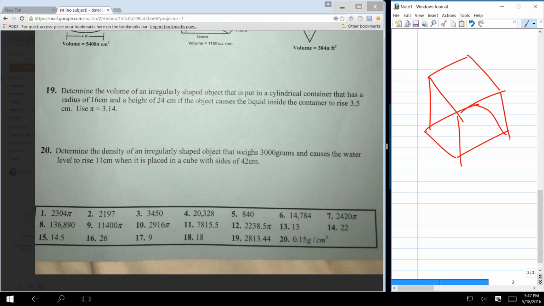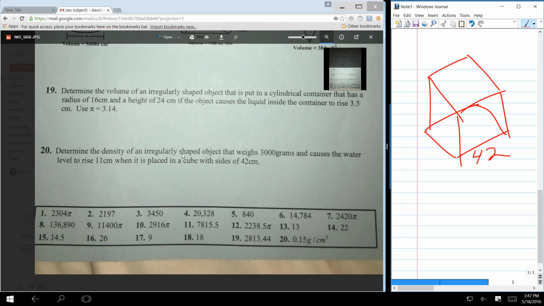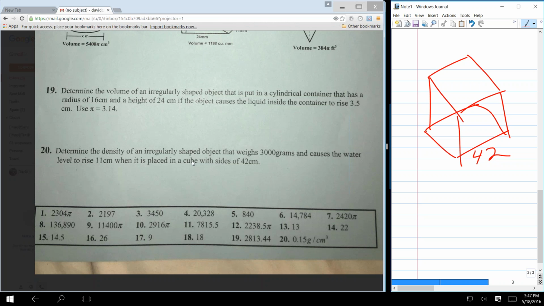There's our container, our cube. Okay, it's 42 meters on a side. When we stick this irregularly shaped object in it, it causes it to rise by 11 centimeters. What's the volume of that object?